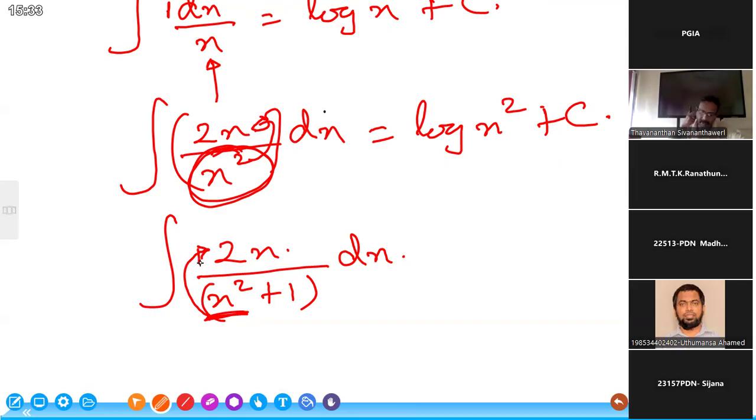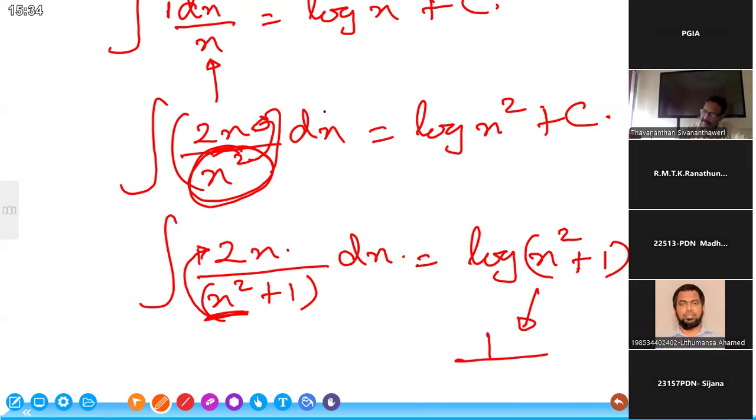So the integration of 2x by x square plus 1 is given as log of x square plus 1 plus c. If you differentiate this, it becomes 1 over x square plus 1 into the derivative of x square, which is 2x.